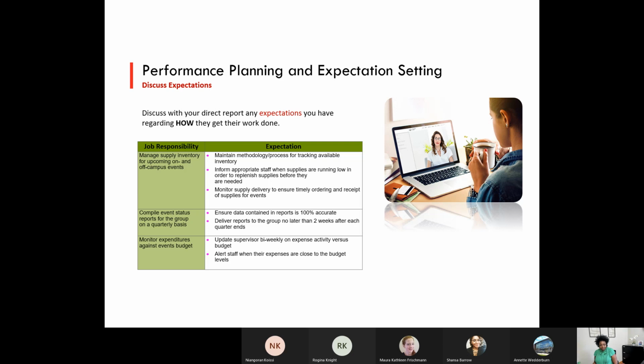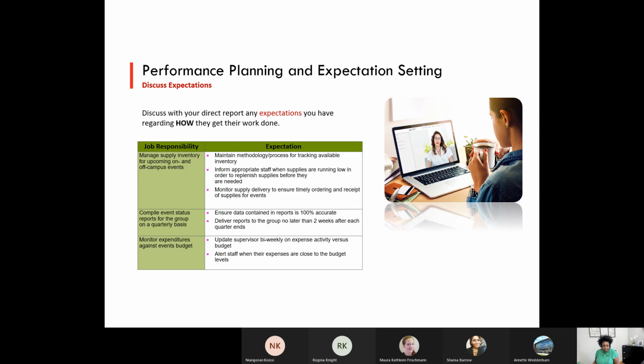Inform appropriate staff when the supplies are running low in order to replenish supplies before they are needed, and then monitor the supply delivery to ensure timely ordering and receipt of supplies for events. So those are three expectations that are clear, and they'll understand, oh, okay, this is what you see as a priority, and this can be measured, and you can actually look back and say, okay, did they do this or not? Yes or no. So it's easier for you once these are very clearly stated.